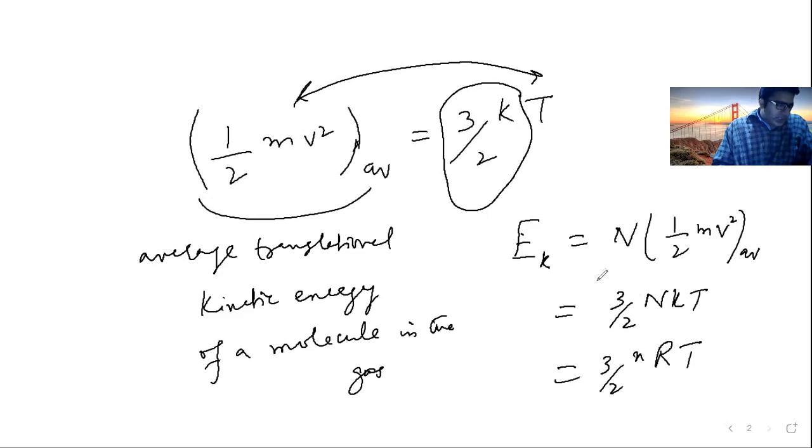When you are writing it 3 by 2 NkT, this capital N is the number of molecules in the gas and k is the Boltzmann constant. When you write it 3 by 2 nRT, then the small n is the number of moles in the gas, R is the universal gas constant, T is the absolute temperature of the gas. So EK is what?